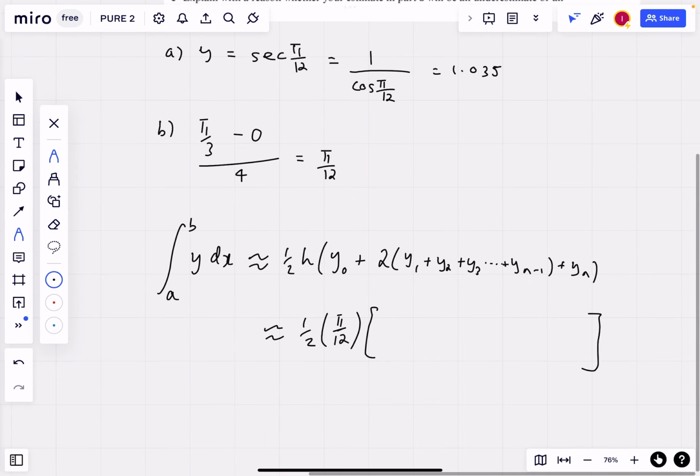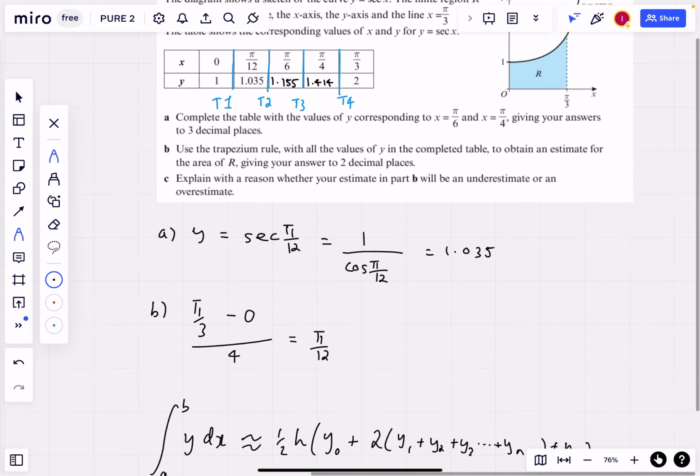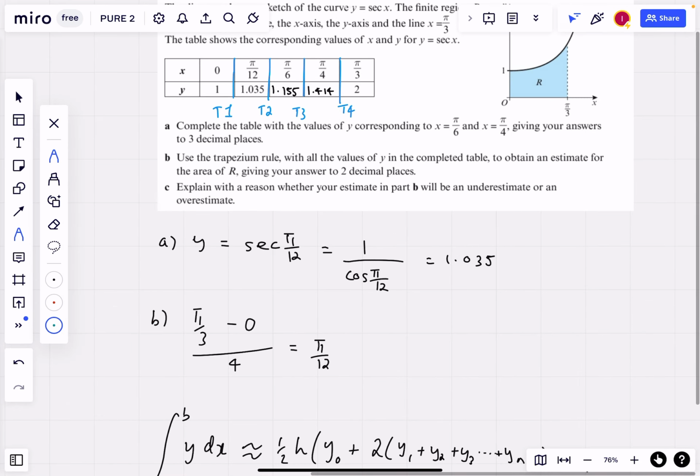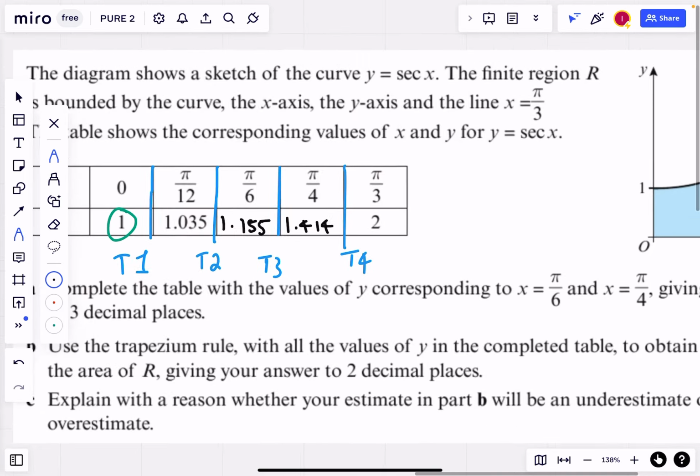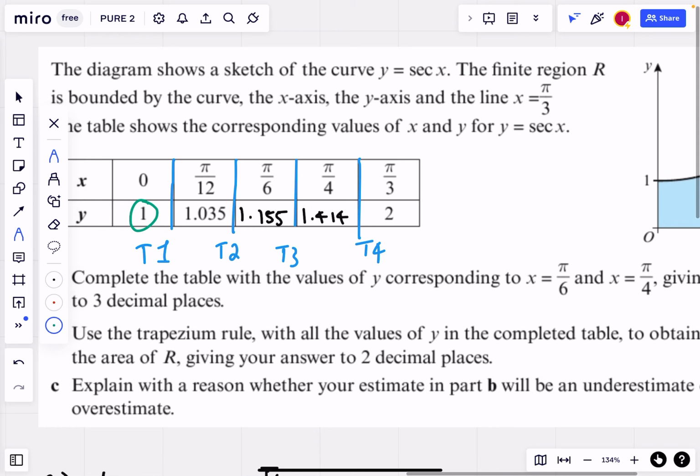Now, y0 is the first y value. This one. So, 1 plus 2 times. And then you're going to do every middle y value. By that I mean, this is the first value, this is the last value. These are the middle values.